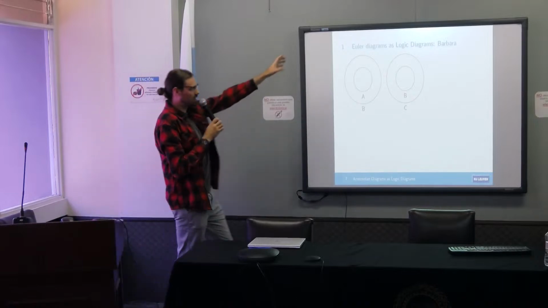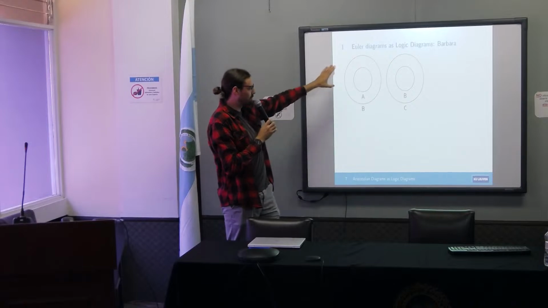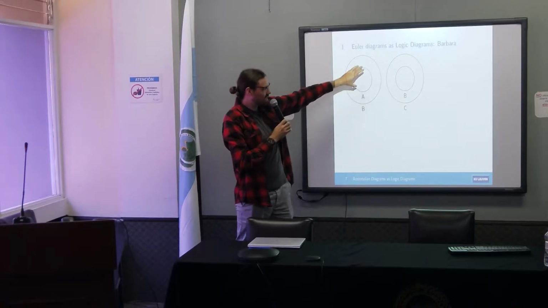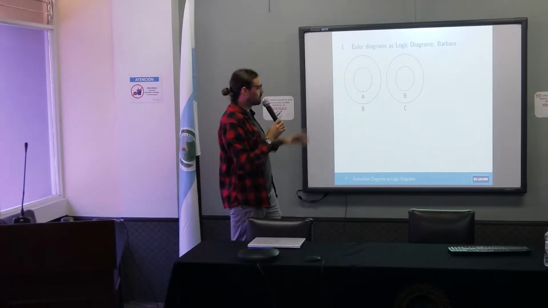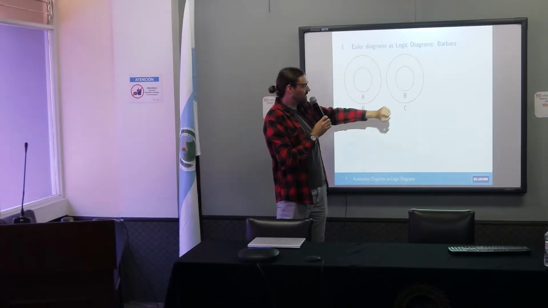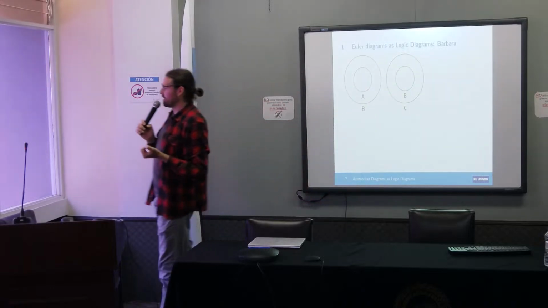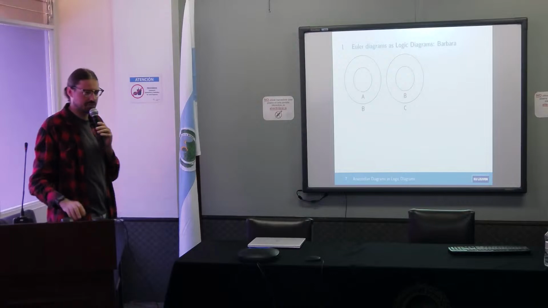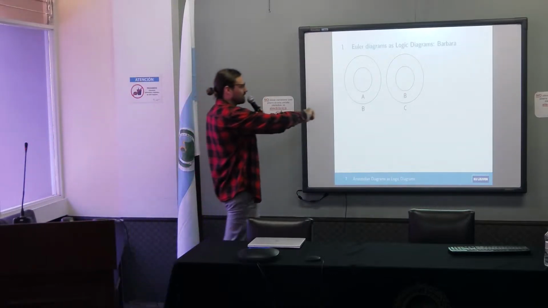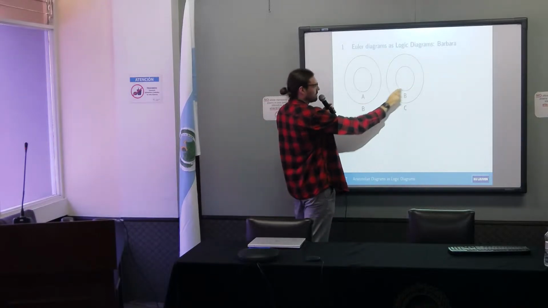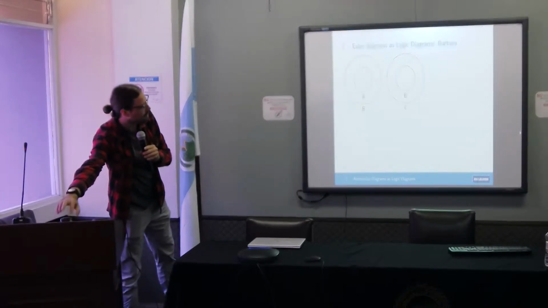So, for example, here is the Barbara syllogism in Euler diagrams. We have one premise: all A are B, right? All A things are contained within the set of all B things. We have a second premise: all B are C. All B things are contained within all C things. Then one of the rules of this logical diagrammatic system for Euler diagrams is that if you have two figures like this with the same circle in each of the figures, then you can make a new figure.